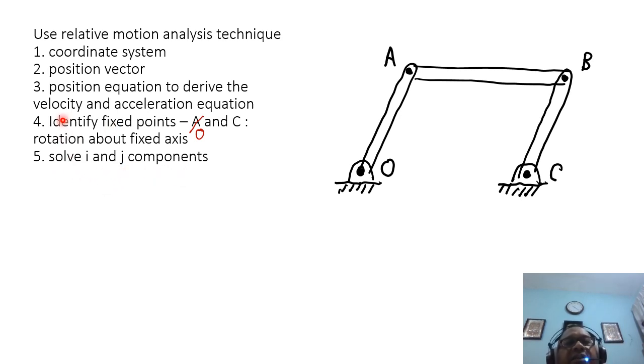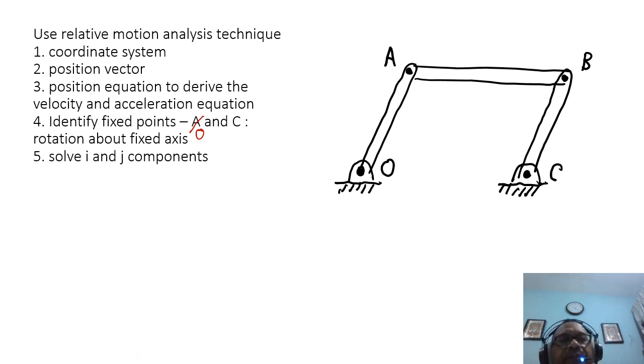These are the standard techniques that we use throughout this whole lecture or whole class in order for us to identify the output velocity of the link when we know what the input is. So let's see how we use this.